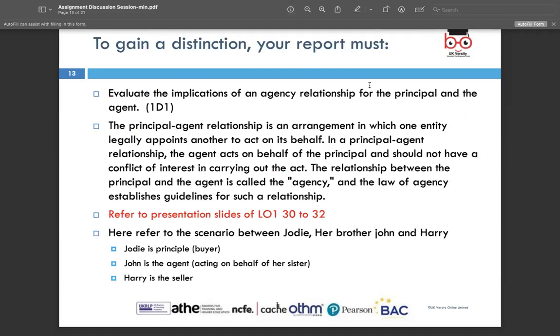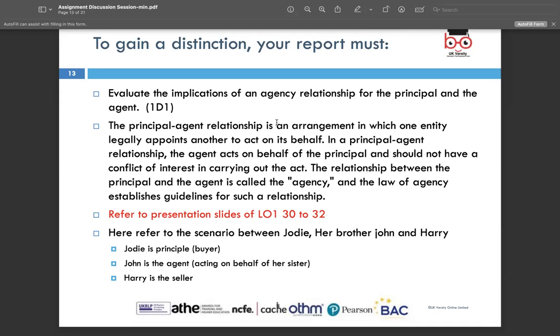For distinctions, you will go into a bit more detail. Evaluate the implications of the agency relationship for principals and the agent. Principal-agent relationships, roles and responsibility: discuss the roles of Jodie as the principal, John as the agent and Harry as the third party.